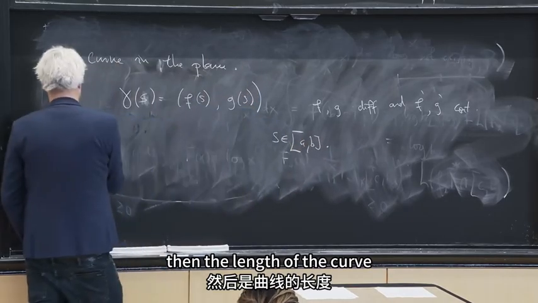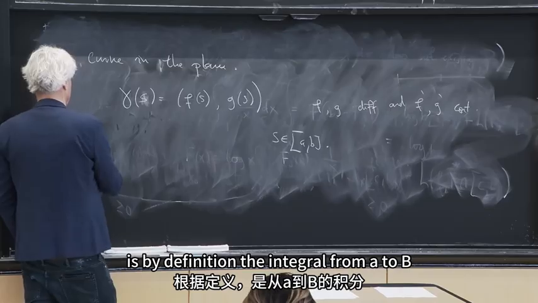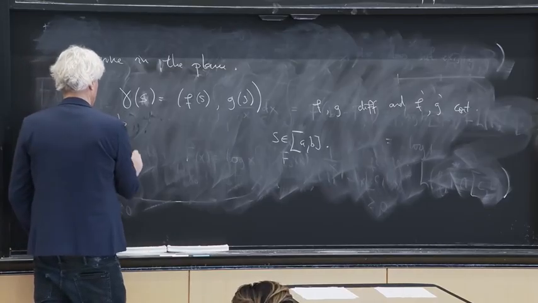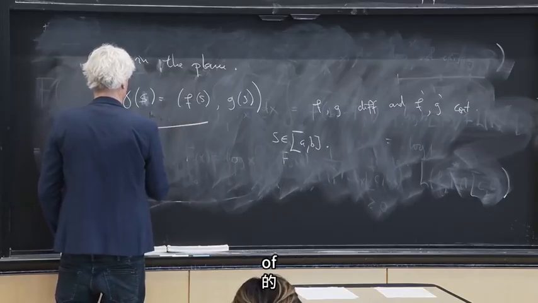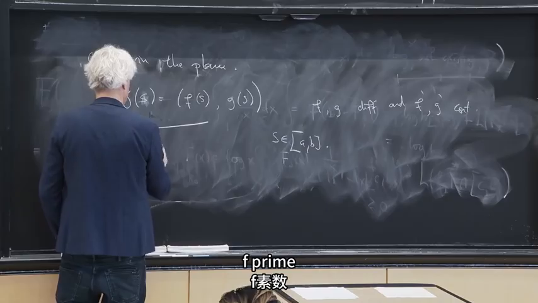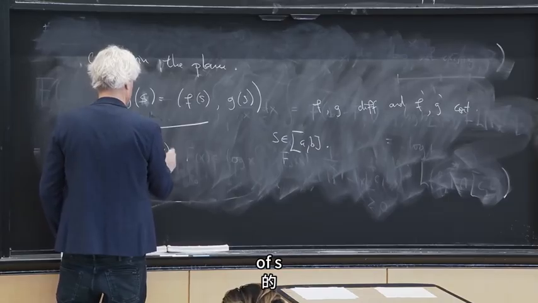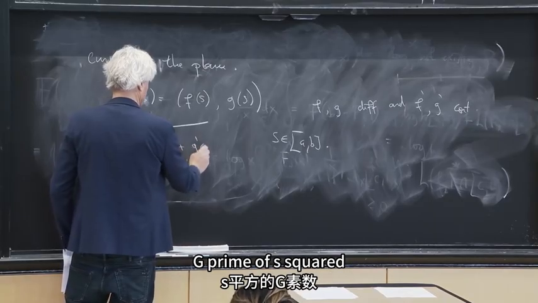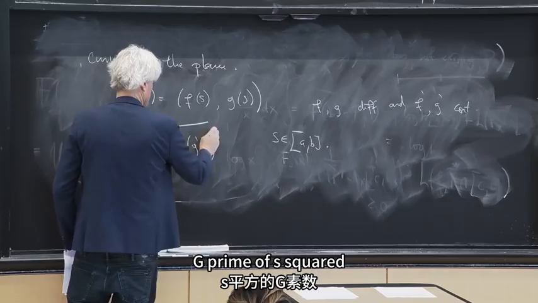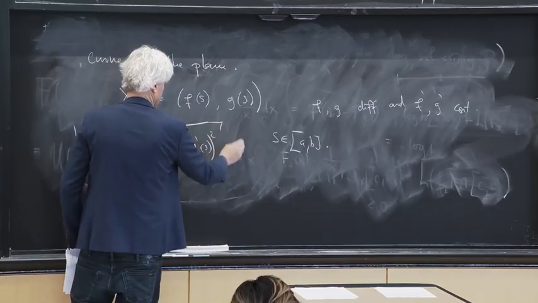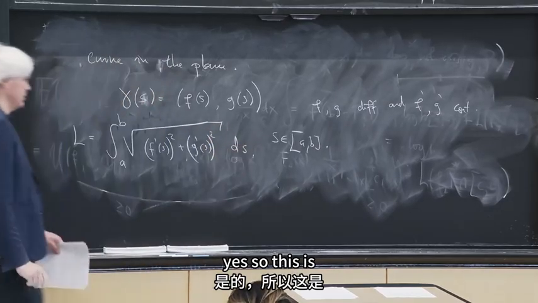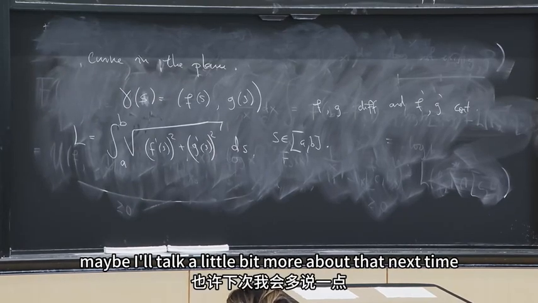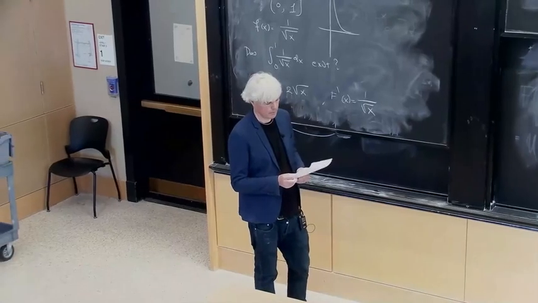Then the length of the curve is, by definition, the integral from a to b of square root of f prime of s squared plus g prime of s squared ds. So this is the length of the curve. Maybe I'll talk a little bit more about that next time.